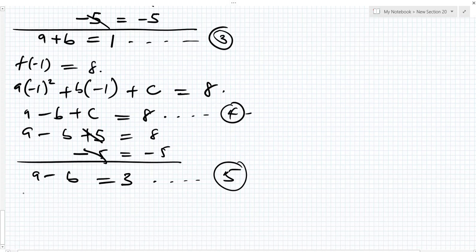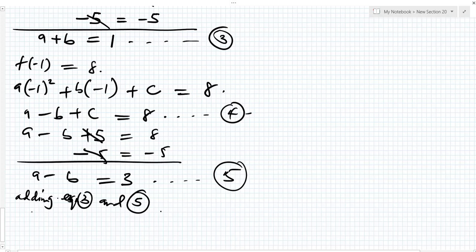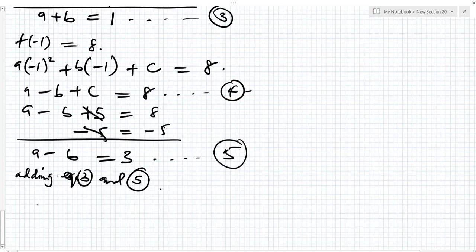Now adding equation 5 and equation 3 together, let me just bring them down. A plus b is equal to 1. A minus b is equal to 3.